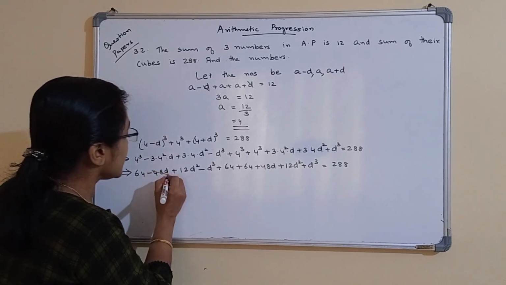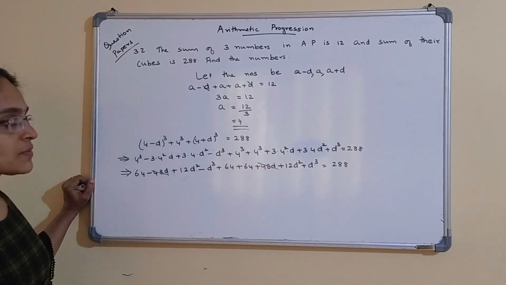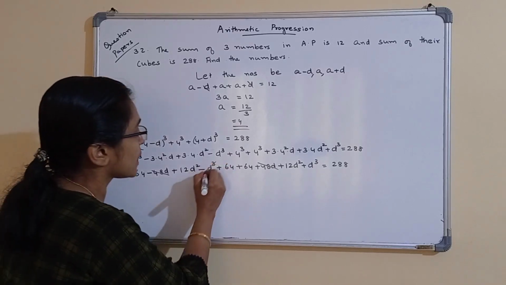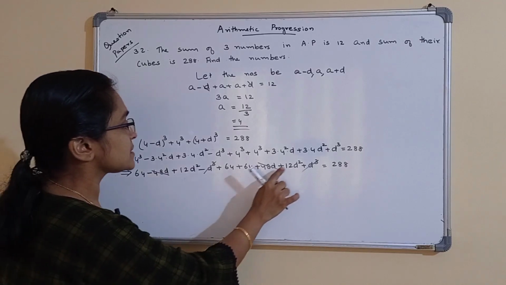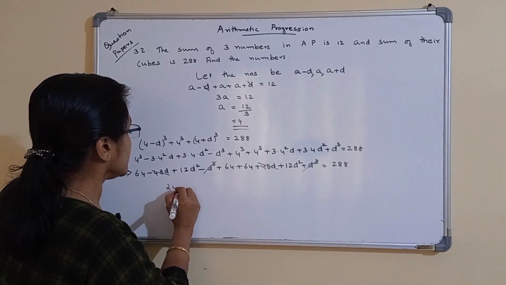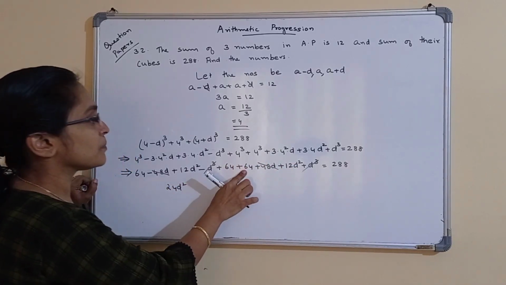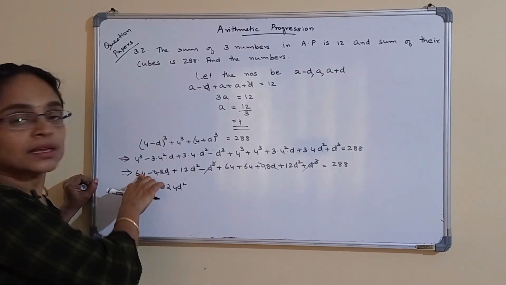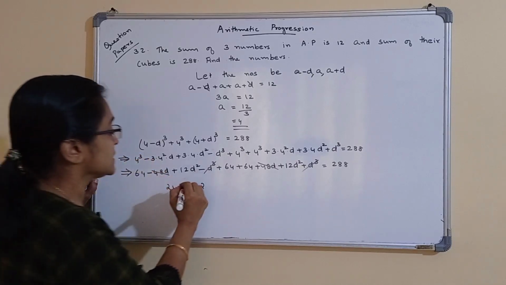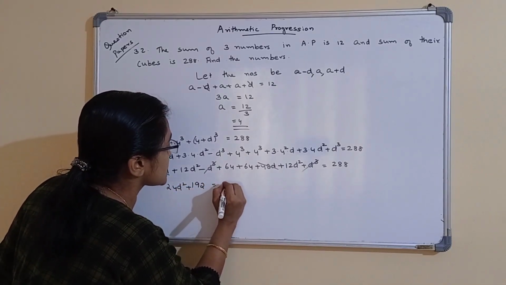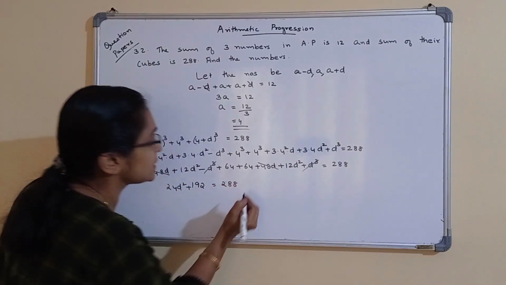Now, this minus 48d and plus 48d will get cancelled. Minus d cube and plus d cube will get cancelled. Now, we will get 24d square plus 64 into 3, that is 192, is equal to 288.